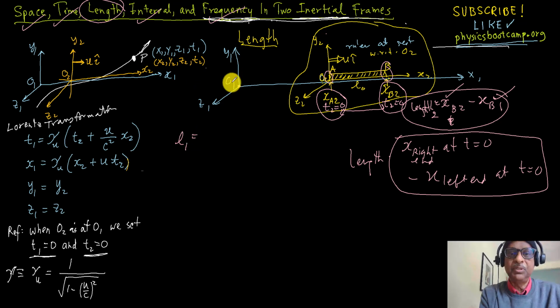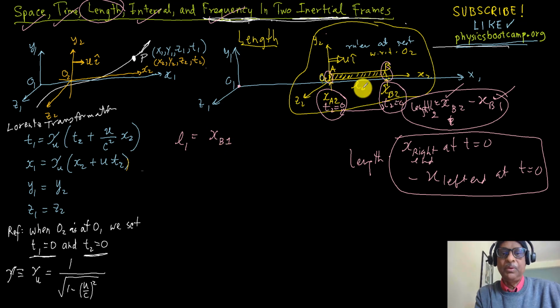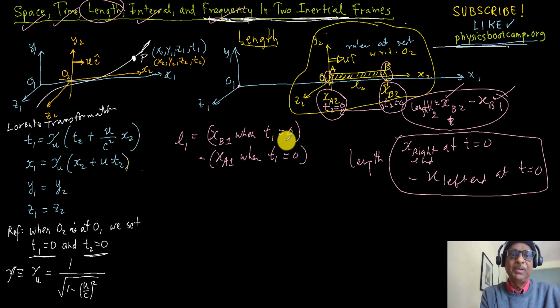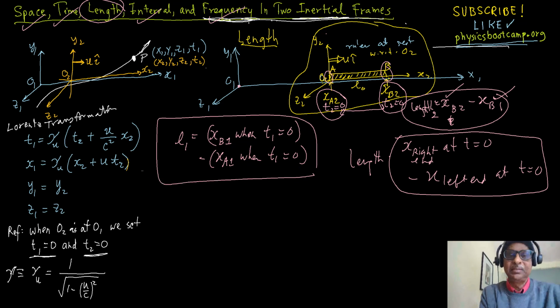With respect to this, I need to find the coordinate of B, x of B in frame 1, when say t1 is 0, minus x of A in frame 1 when t1 is 0. So this will be the length in frame 1, and that's the length in frame 2.